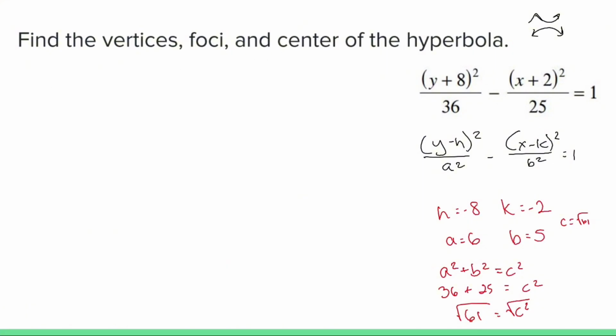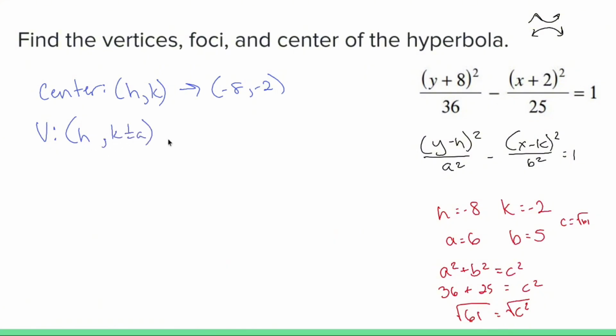Let's go in not the order that we're given. Let's do the center first, just because the center is (h, k). And in this case, the center is going to be (-8, -2). Okay, the vertices are given to us as (h, k plus or minus a).